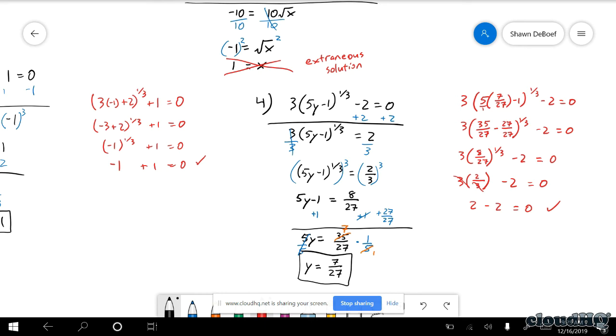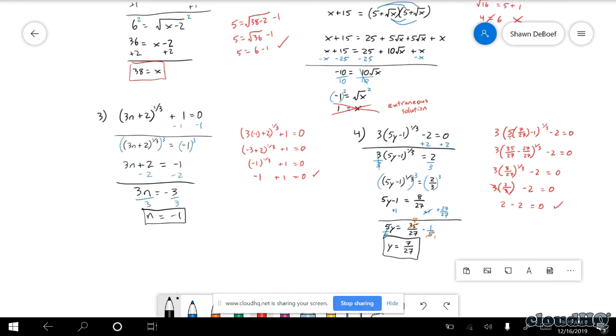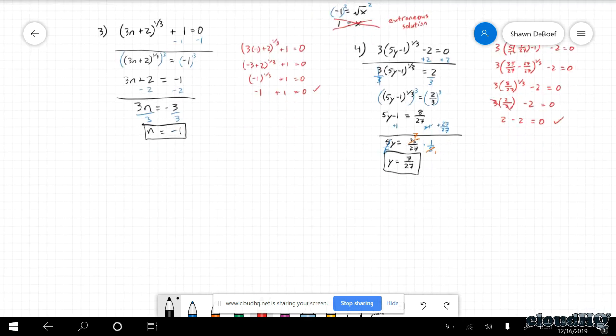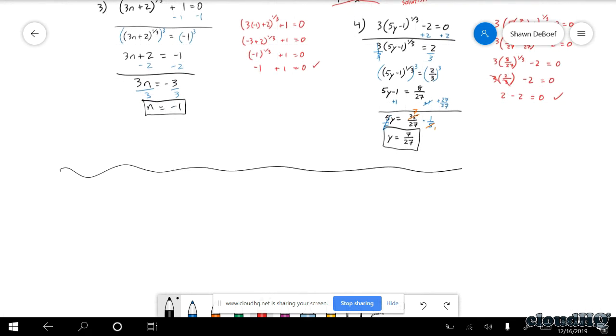Next, I want to switch into inequalities. So there were our equations. We're still going to solve. So we'll subtract our 1.